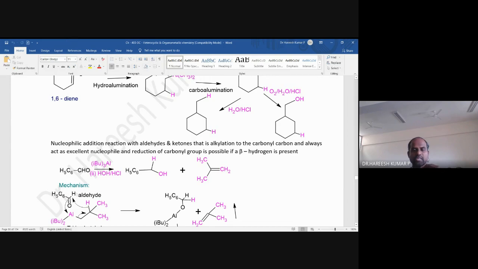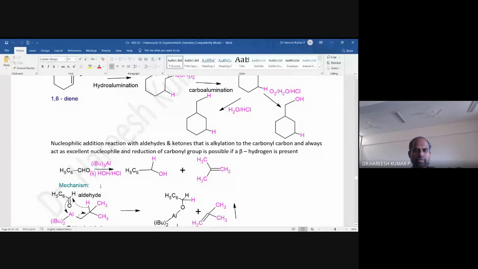So in the addition, a double bond addition is different, a carbonyl carbon addition is different. But here I am talking about the addition to the carbonyl compound.